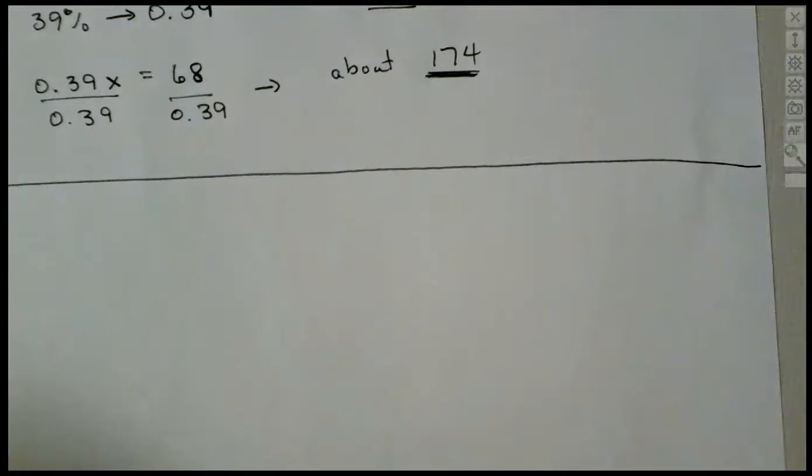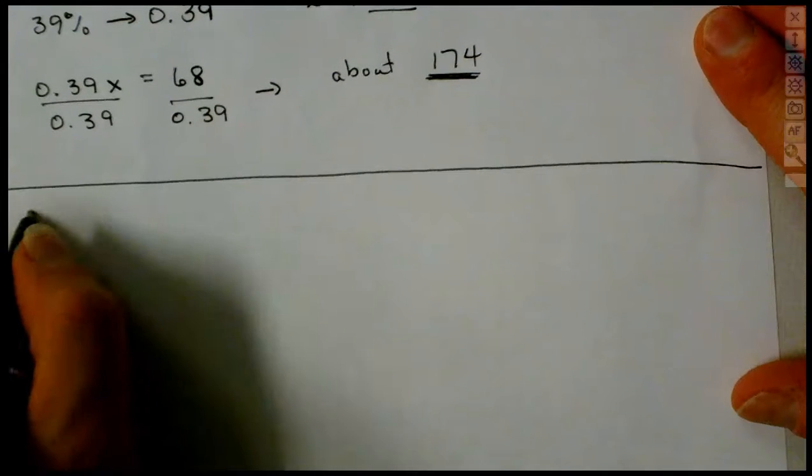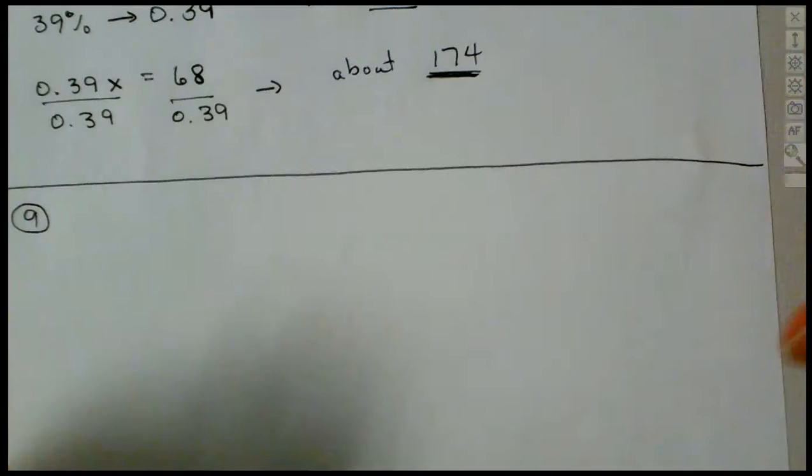We've got a couple more to set up. So question 9 is next. 2 more of these after this one. So question 9. Another shadow problem.